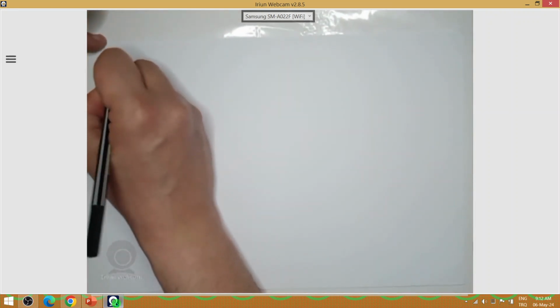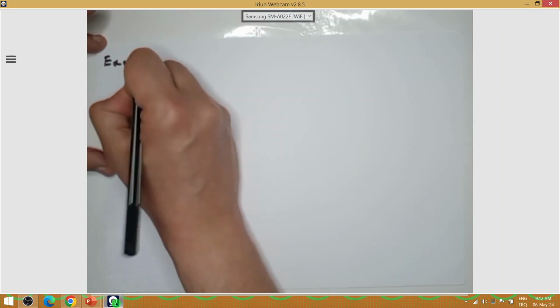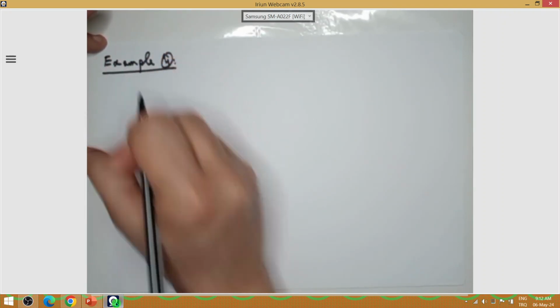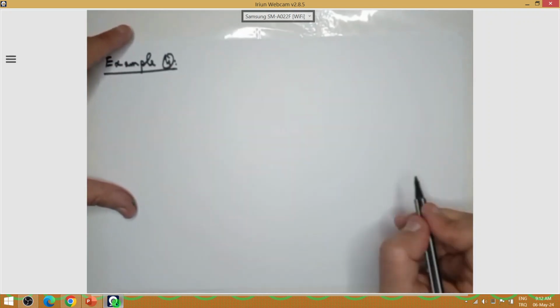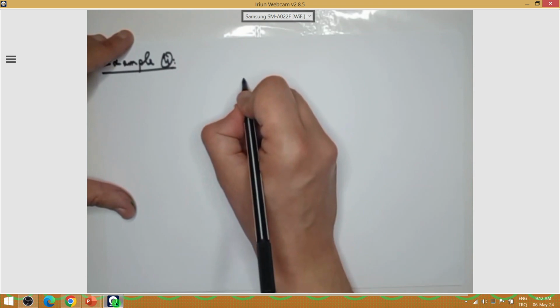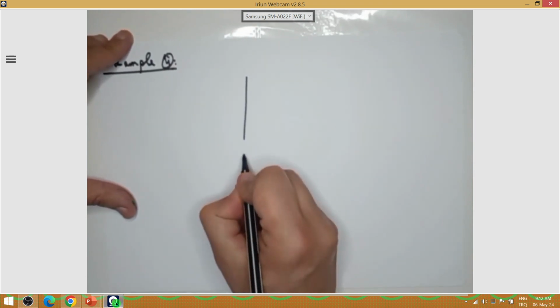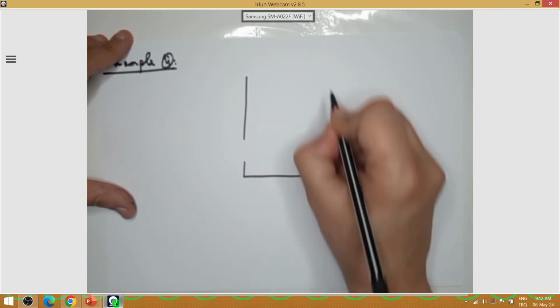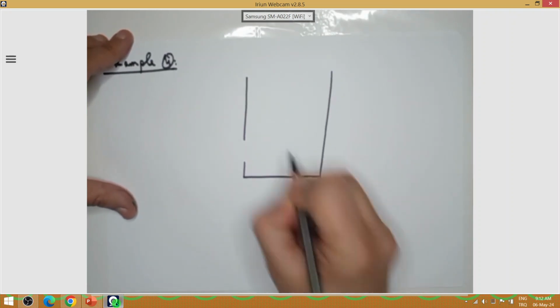So this is example 4, because here we are speaking about a control volume, an open system. So my cylinder shouldn't be closed. I will draw my cylinder like this. This is my cylinder.